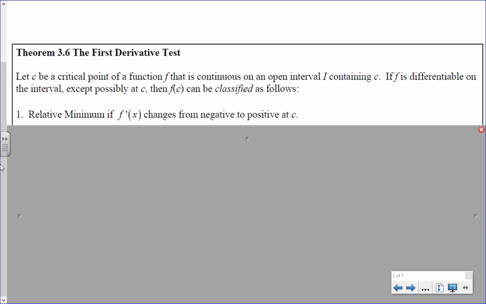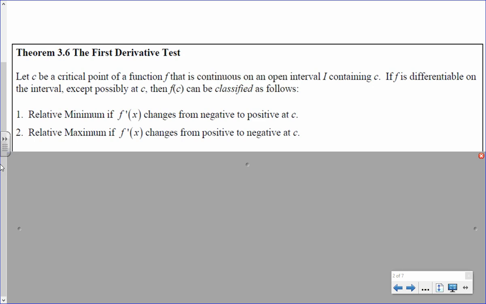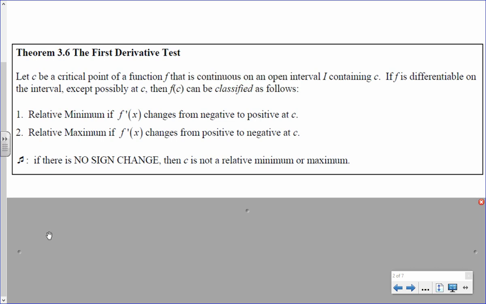And the other way, if you have a critical number and our derivative changes from positive to negative, we have a relative maximum, because our function is changing from increasing to decreasing. Note, if there is no change in sign, then we don't have relative extrema.